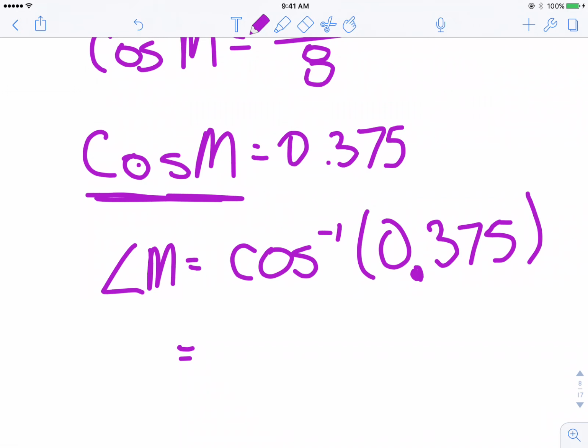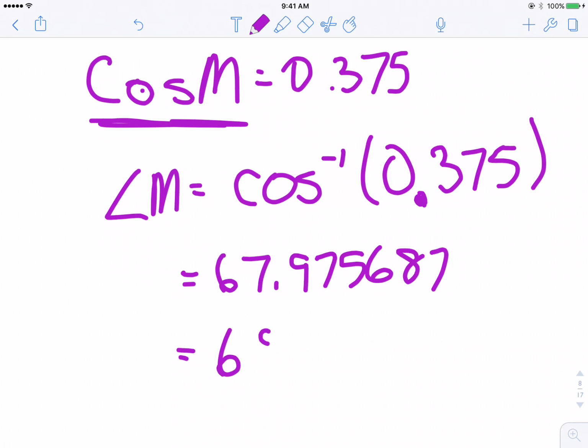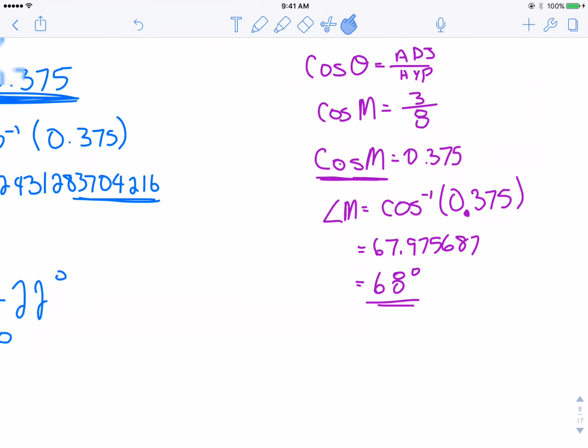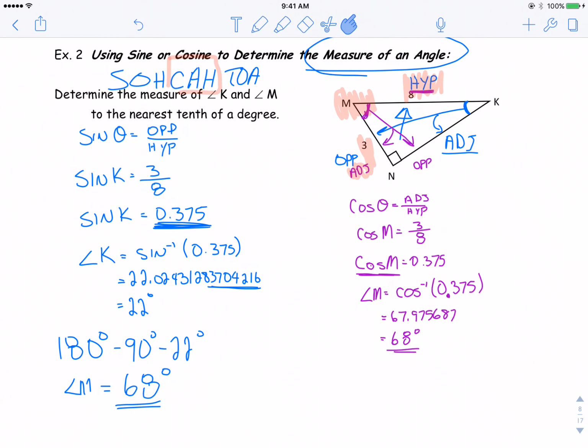I put that into my handy-dandy calculator. 0.375 inverse cosine, 67.975687, or 68 degrees. Using cosine and sine to calculate for a missing angle.